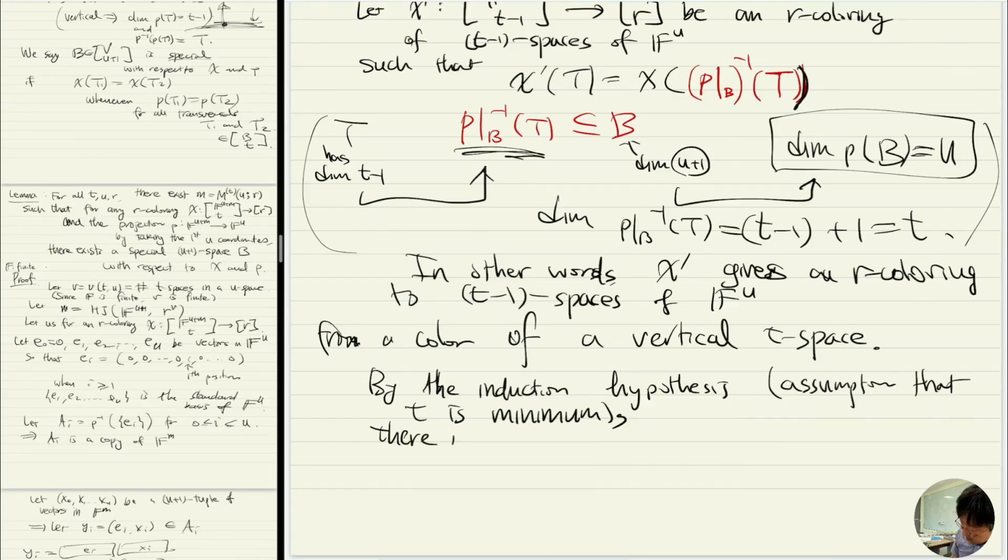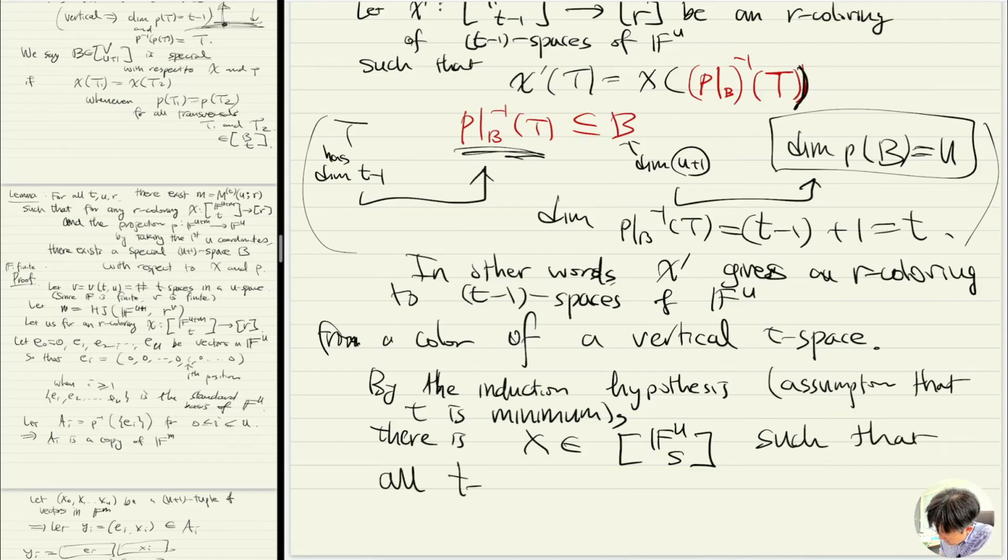There is a monochromatic, okay, let's say there is x, which is an S-dimensional space, such that, well, that is monochromatic, such that all t minus 1 spaces of x have the same color.